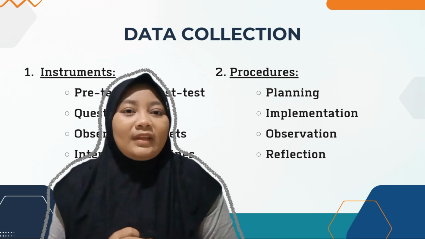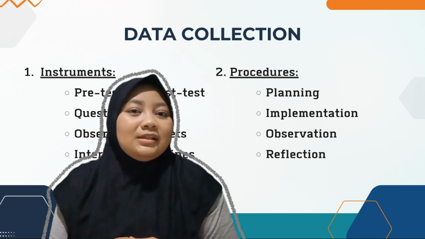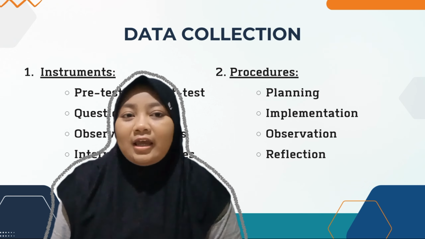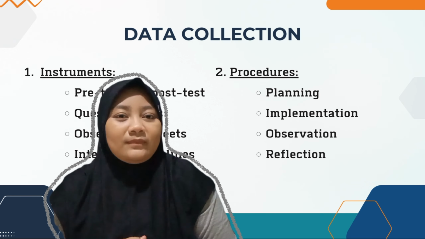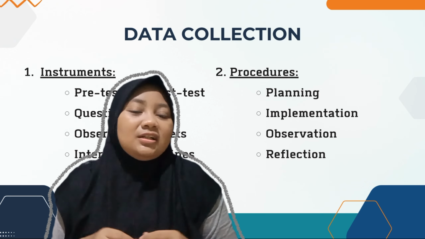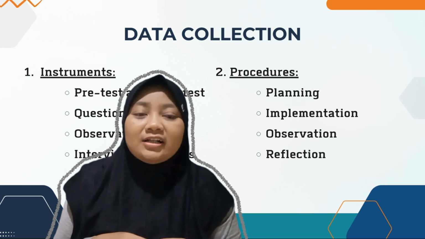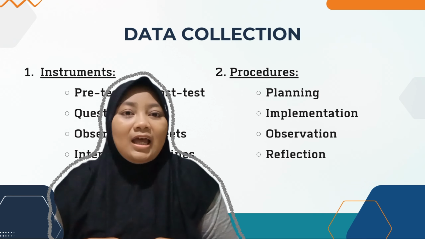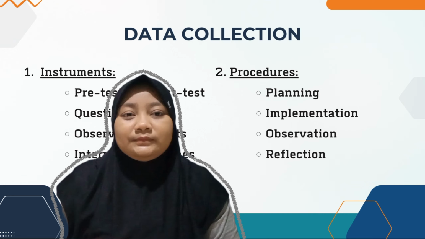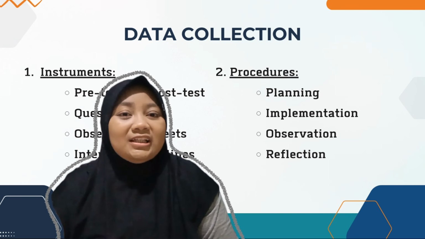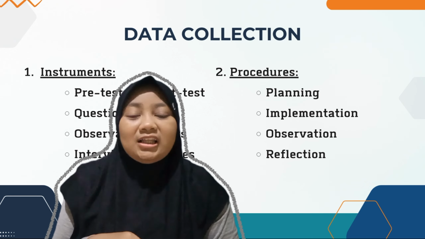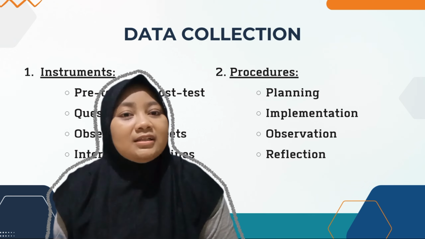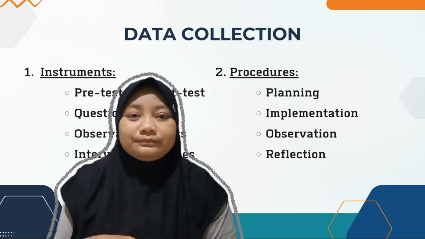Procedures. First is planning. Details the preparatory steps taken before implementing the research, ensuring that all necessary resources and strategies are in place. Next is implementation. Describes how the BUSU application is integrated into the classroom, including specific activities and instructional strategies.